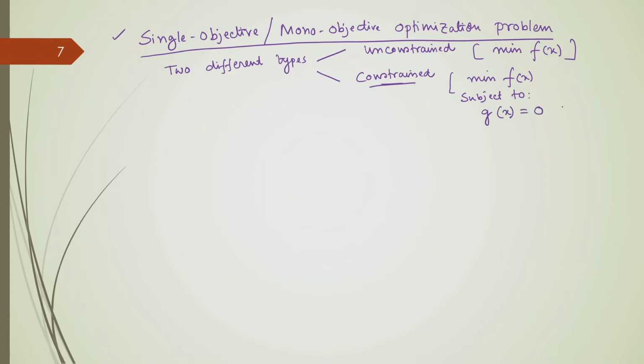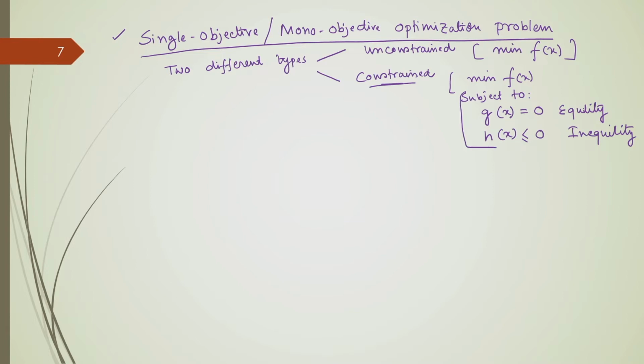So, this is called an equality constraint. Another constraint can be h(x) less than or equal to 0. So, this is called an inequality constraint.